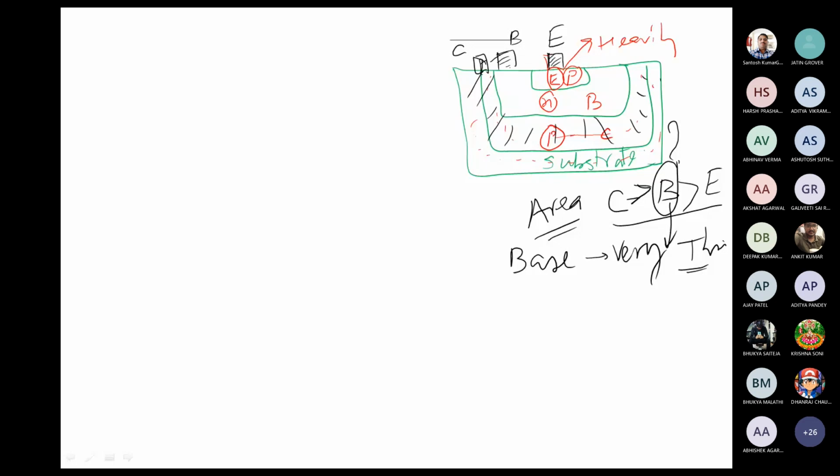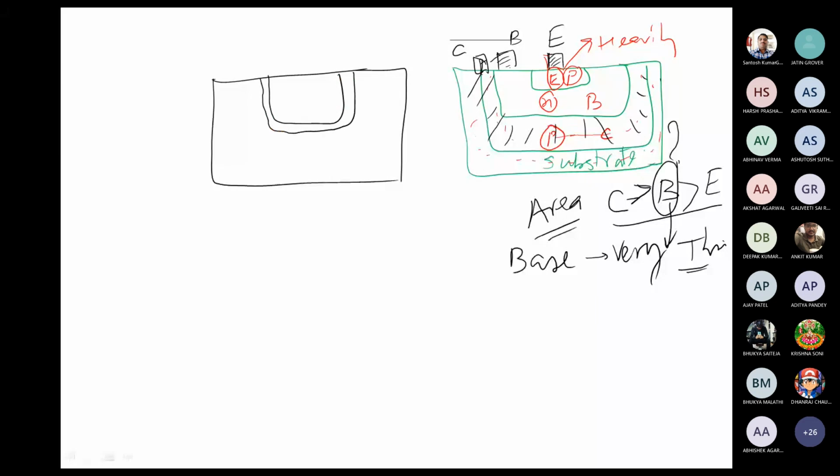Sir, is the base actually smaller or bigger than the emitter? Base may be smaller actually, but it seems that it is acquiring a large area. So the real scenario may be like this here. This is an emitter, and this is a base, and this is a collector. So collector is the biggest region.